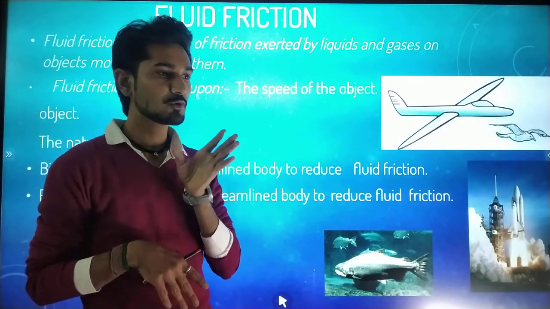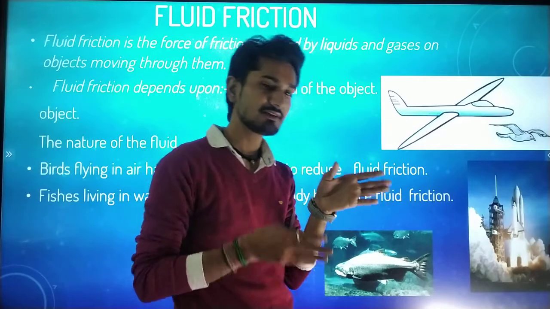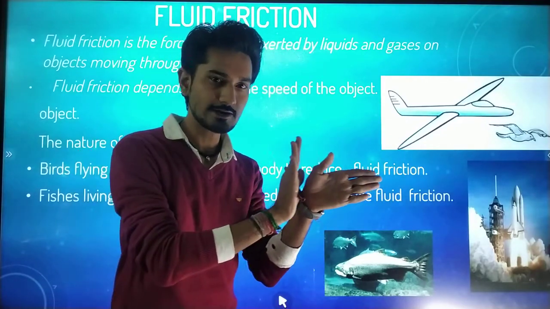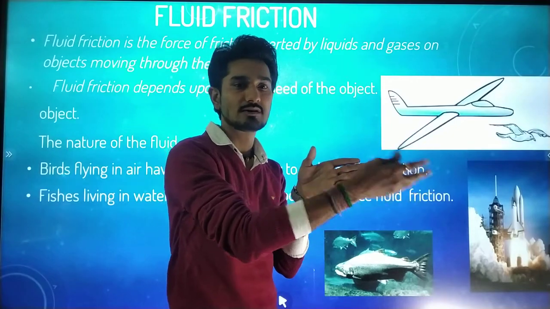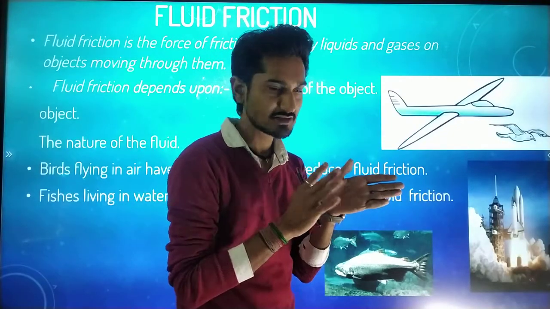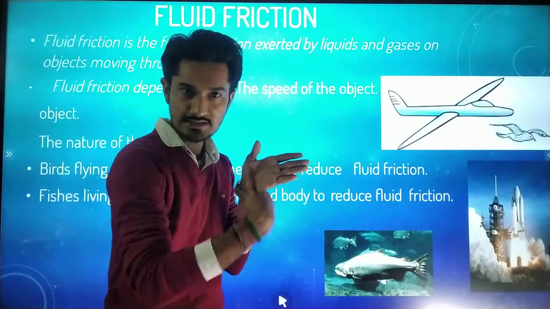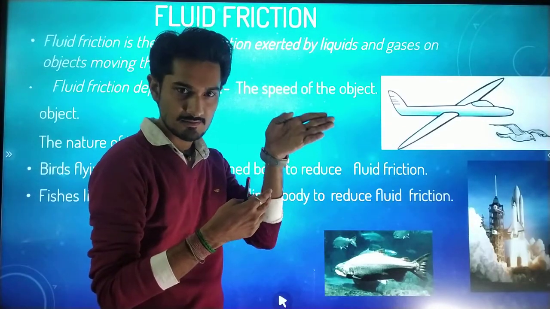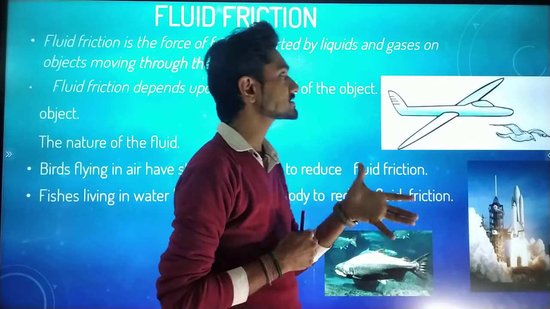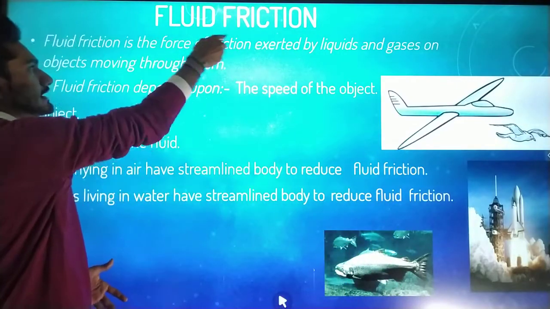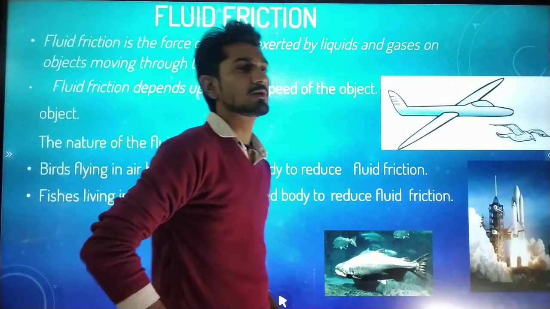Whenever we are applying force onto an object placed in air or in a liquid, the friction applied on the object by that gas or liquid is called fluid friction, okay.